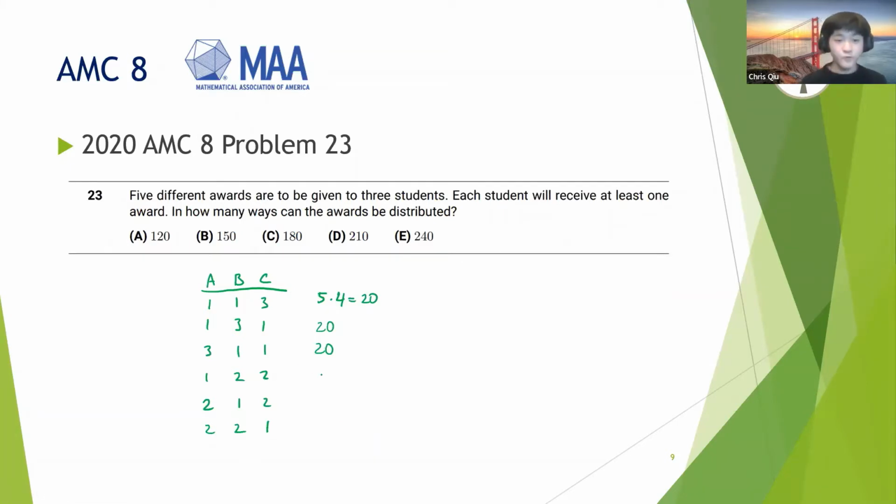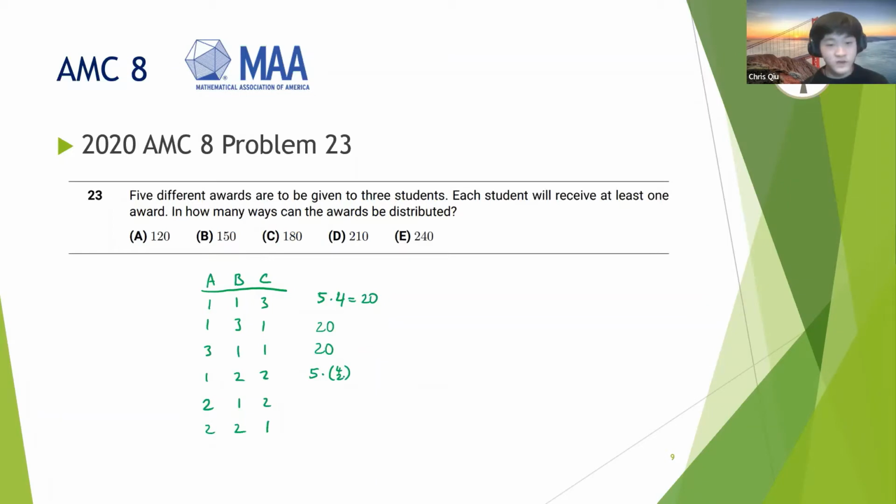And now we're on to our fourth case, which is when 2 people have 2 awards and 1 person has 1 award. So the number of ways we can count this is, first, we're going to give 1 award to student A, and there are 5 ways to give an award to student A. And then we can give 2 of the remaining awards to student B. So we're going to be choosing 2 of the 4 awards to give to student B. So there are 4 choose 2 ways to do that.